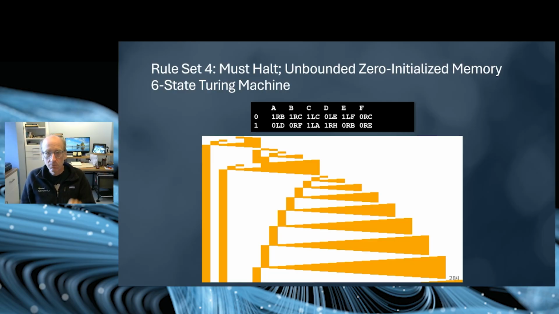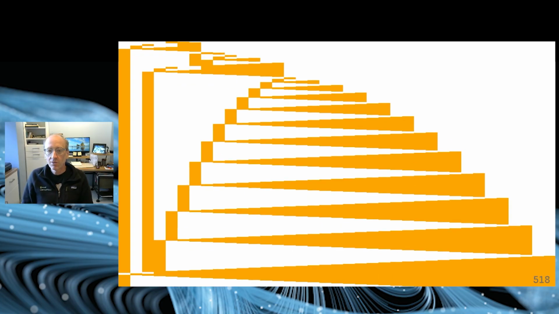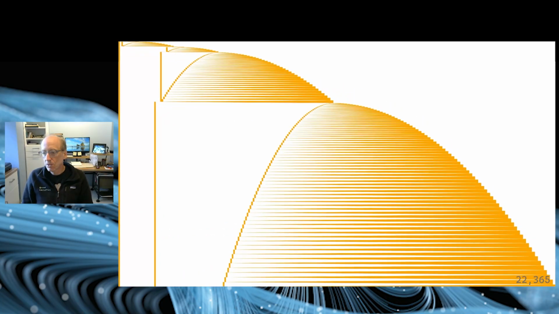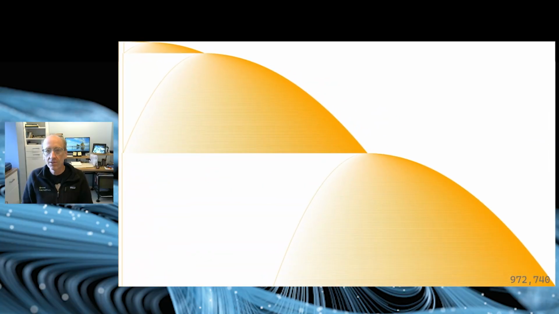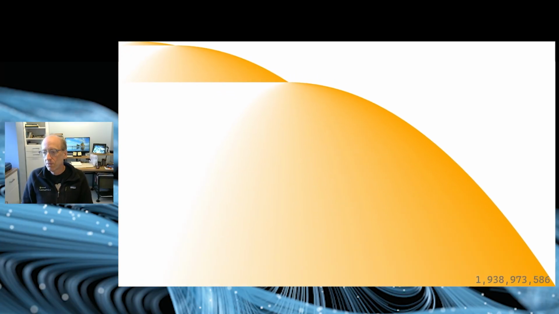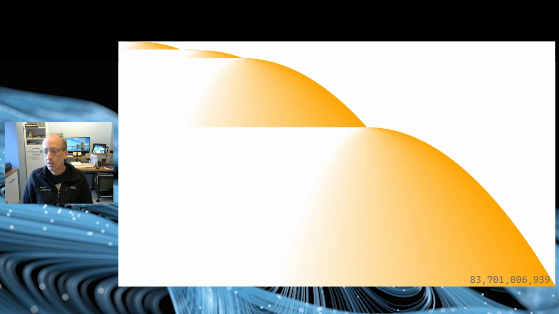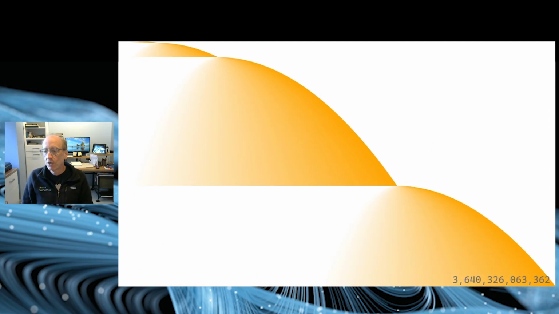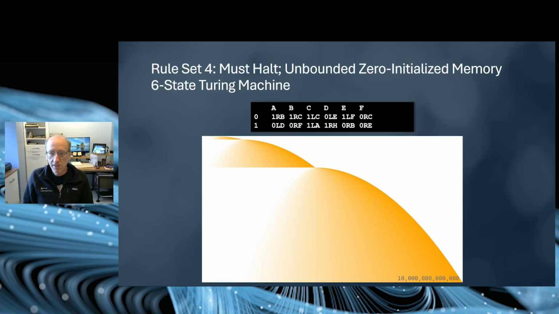And if we run this program for 284 steps, this is what the Turing machine tapes will look like. Let's run it a bit longer. So 100,000 steps, 1 million steps, 10 million, 100 million, 1 billion, 100 billion, 1 trillion, 10 trillion steps.